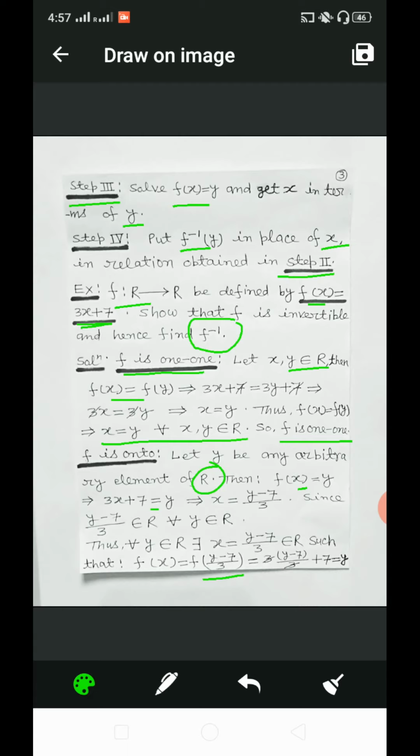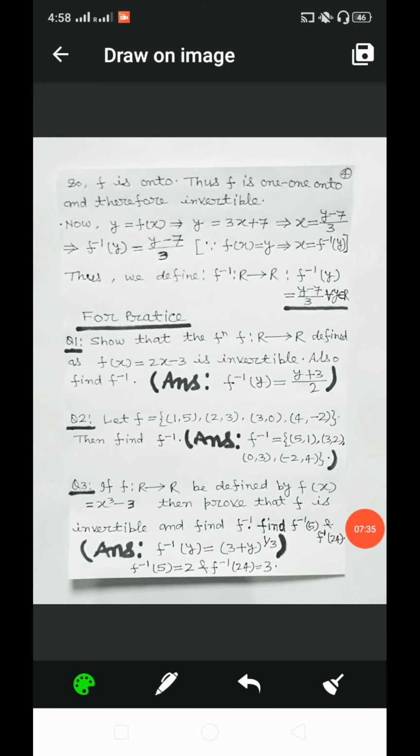After solving we get this is equal to y, meaning f(x) is equal to y. So f is onto. Thus f is one-one onto and therefore invertible.